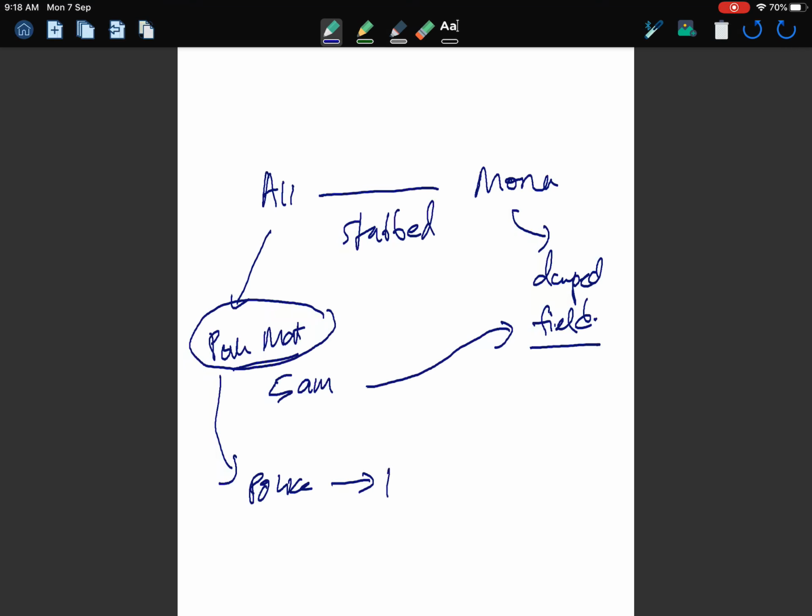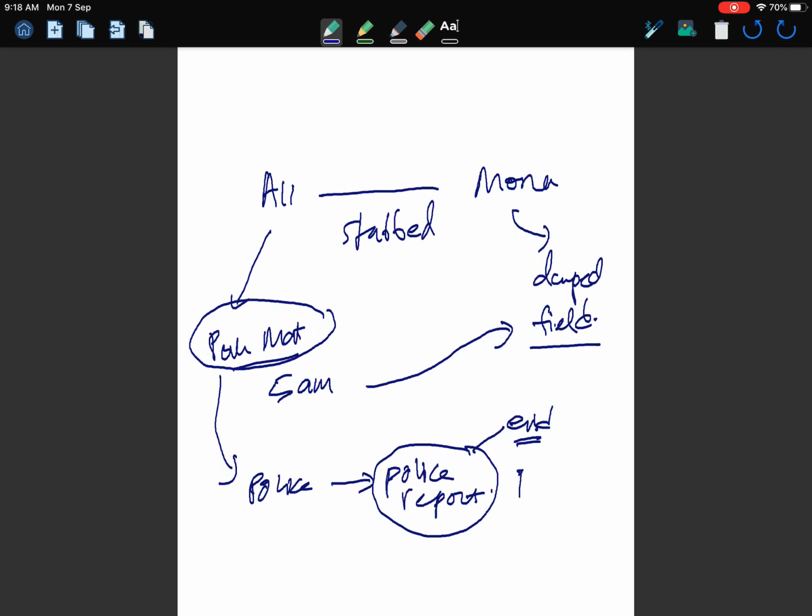Now, no one knows that Mona is dead. So Pak Mat will immediately go to the police station and make a police report. And the issue here is, can the police report be tendered as evidence in the court?